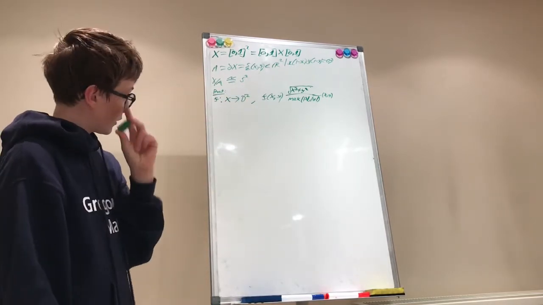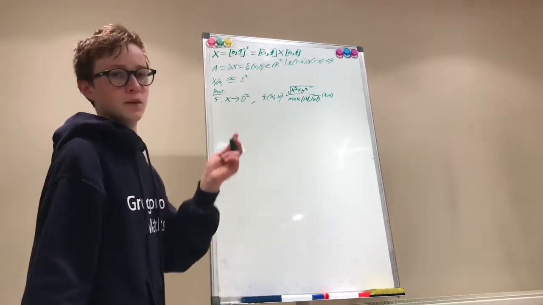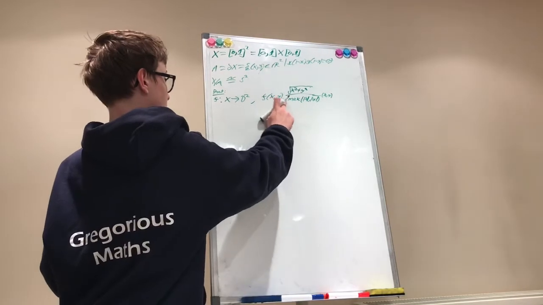And the great thing about this is that the boundary of X maps onto the boundary of D. And so this is amazing. So we've already found our homeomorphism f. I'll leave it to you.